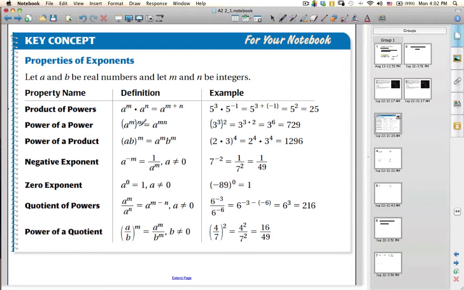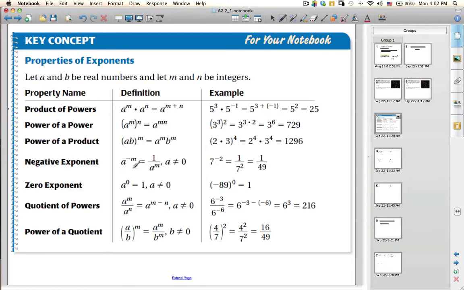The power of a power says that if I have a power, so that's a base being taken to an exponential power, and I take the power to a power, I multiply the exponents. If I have two numbers that are being multiplied together that are being taken to a power, or for instance, if I can take a value that is being taken to a power and factor it into two separate factors, then it would be each of the individual factors taken to the same power.